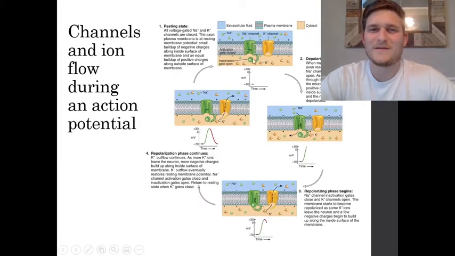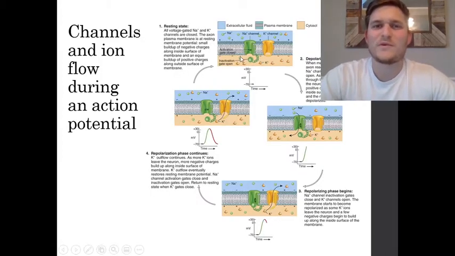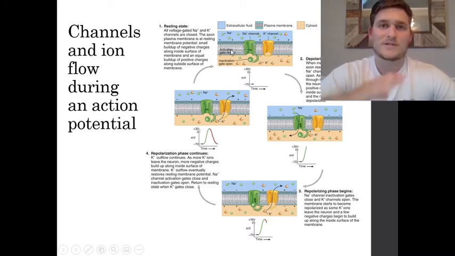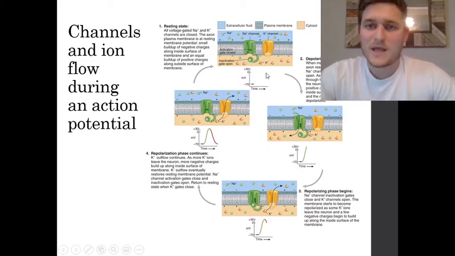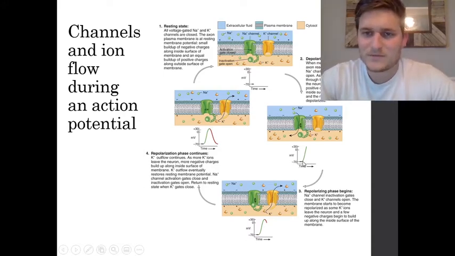Here we see this sodium channel. And once we reach that threshold of negative 55, this voltage-gated sodium channel is going to open. And so those sodium ions are going to flood into the cell along with their positive charges. And what happens then, that's going to make the membrane potential increase.